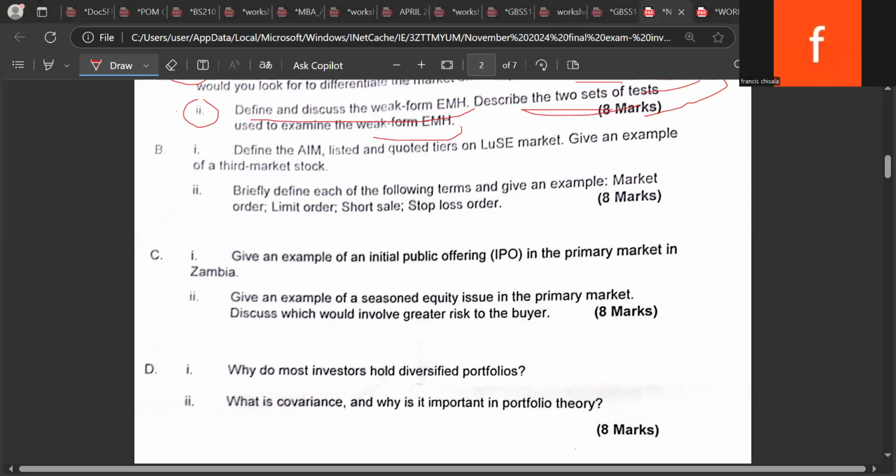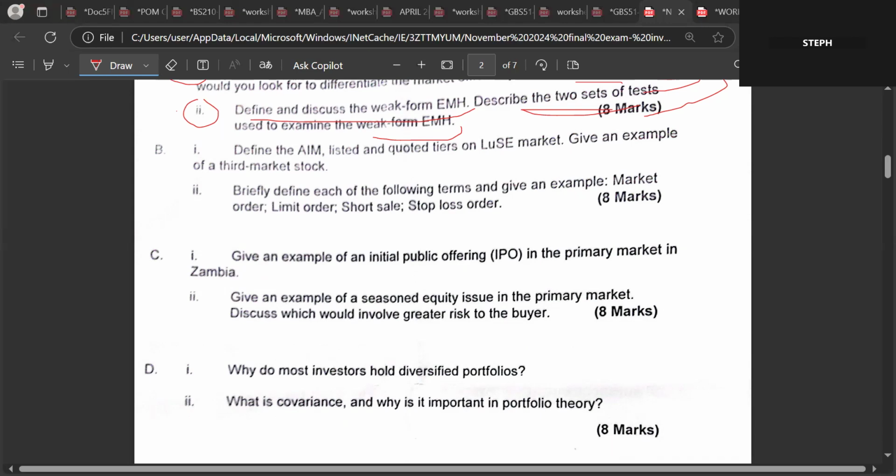So, what is the AIM? The AIM is simply an alternative investment market. Generally, this AIM is a sub-market of the London Stock Exchange, designed to help smaller and growing companies access public capital.